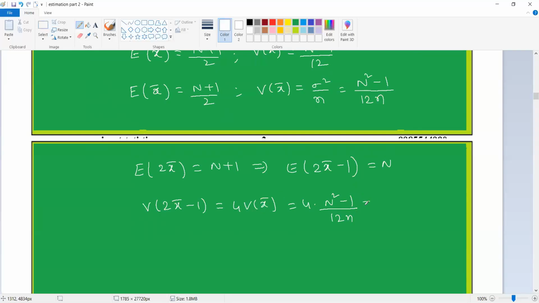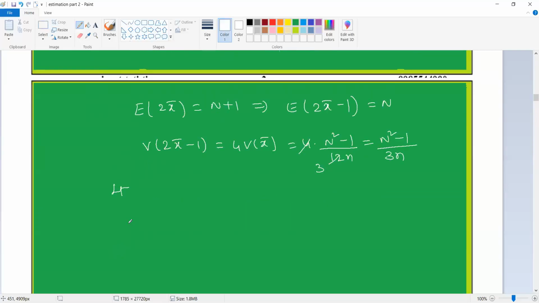By simplification, 4 goes into 12 three times, so we get (n square minus 1) by 3n. Now apply the sufficient condition for consistency and identify the consistent estimator of the parameter n. Limit as small n tends to infinity.